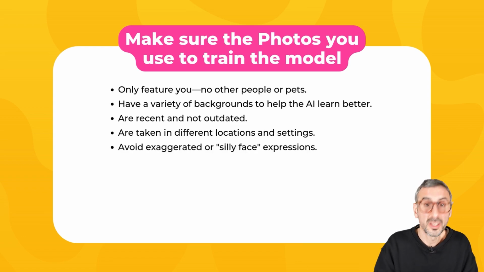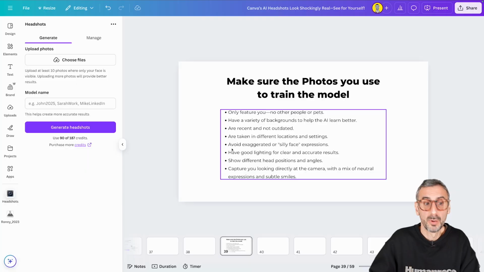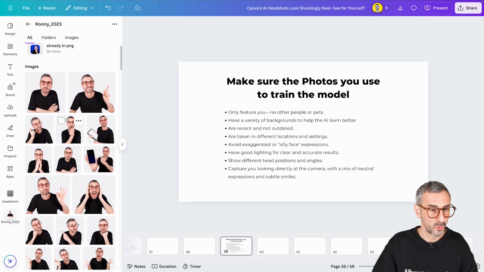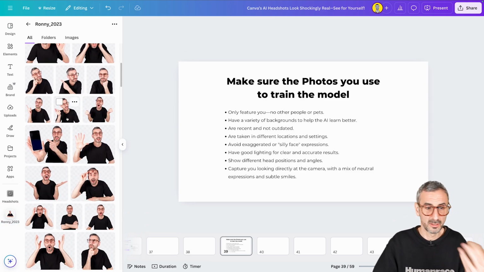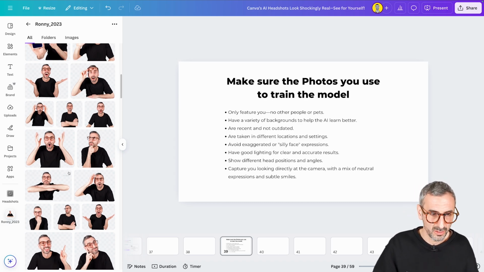Next, avoid exaggerated or silly face expressions. And this is really why I decided to train a second model. Though the first one, I'm very happy with it, but I trained it on these kinds of photos. You see the photos I usually use on my YouTube thumbnails, and these are exaggerated silly faces or exaggerated expressions on my face.